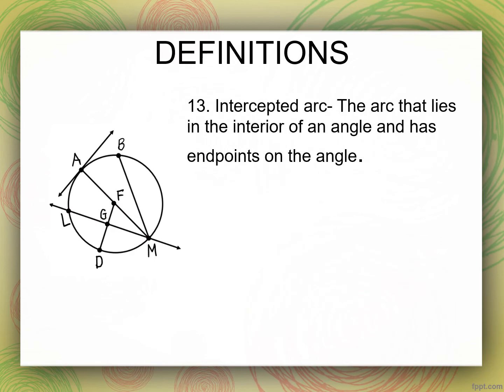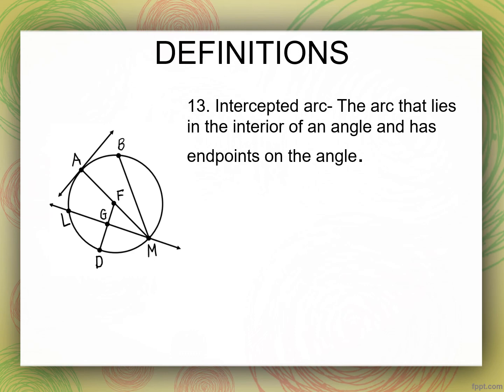Okay. Next, intercepted arc. So the arc that lies in the interior of an angle and has endpoints on the angle. Or in short, it is the arc bounded by the endpoints of an angle. So, for example, if you are asked to identify the intercepted arc of, let's say, angle AMB. Okay, let's mark it.